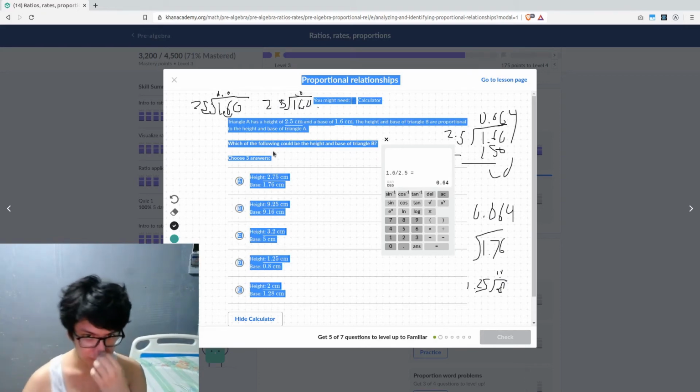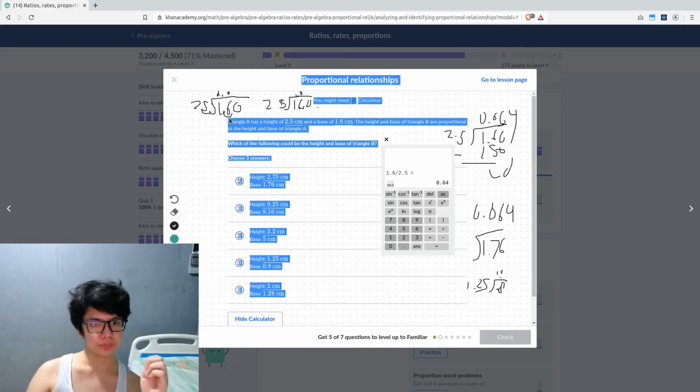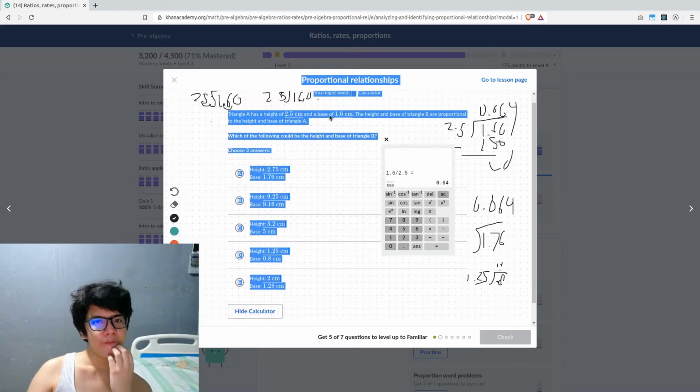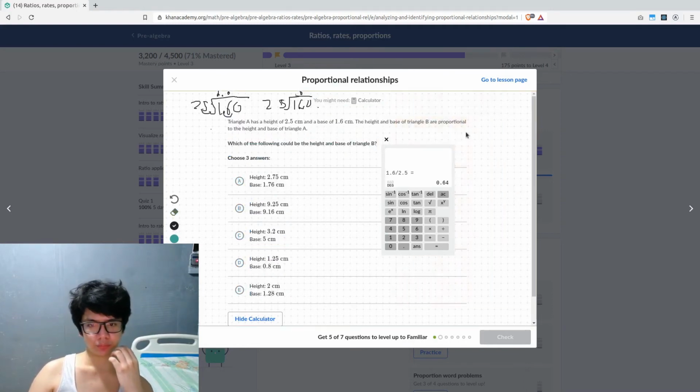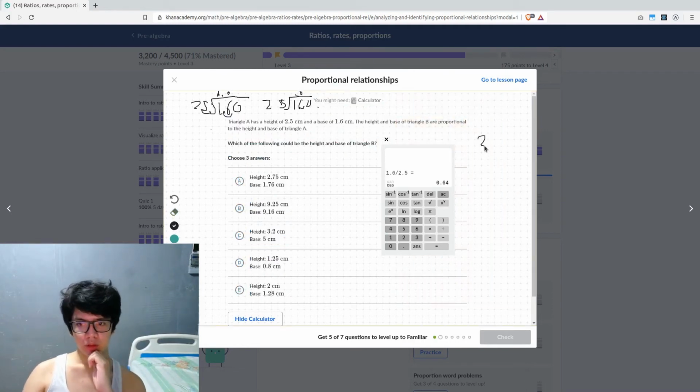Whoa. If I do 2.5, 1.6, and then 25 divided by 1.6.